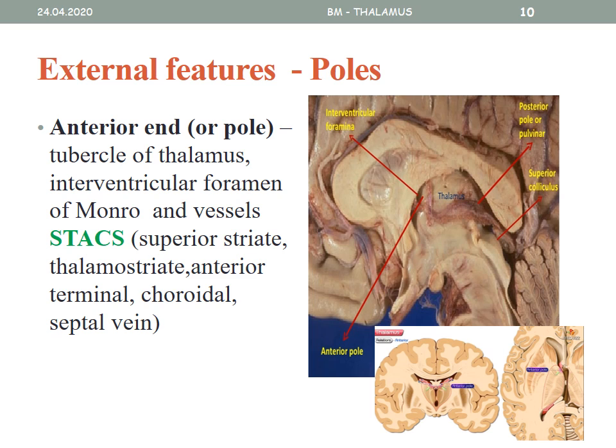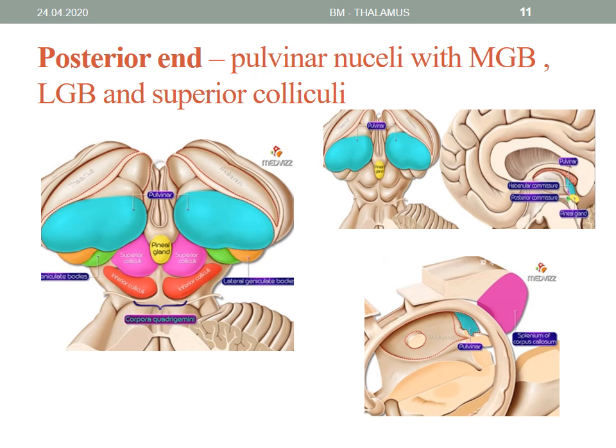It constitutes the tubercle of thalamus, and it is related to the interventricular foramen of Monro and the vessels. The posterior end consists of the pulvinar nuclei, which is the largest nuclei, and it is in connection with medial geniculate body, lateral geniculate body and superior colliculi.